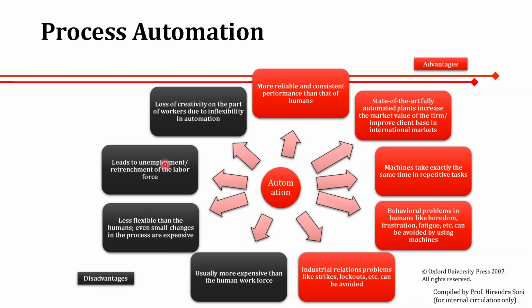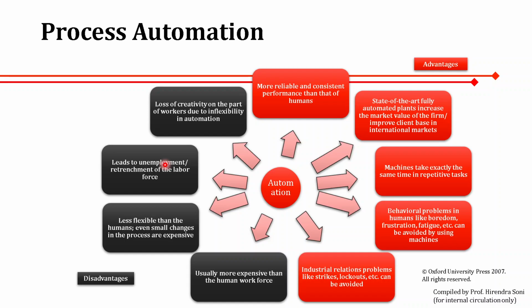Automation will require state-of-the-art fully automated plants. It increases the market value of the firm. It improves the client base in the international market. It helps in terms of machines taking exactly the same time in repetitive tasks, so you can predict and communicate better to your customers, more precisely.